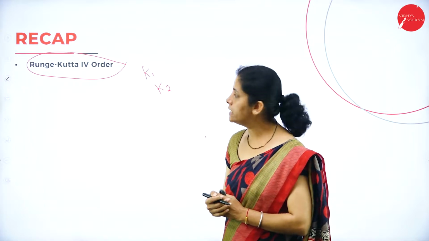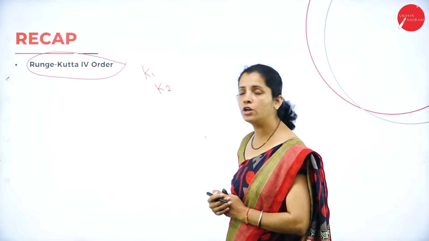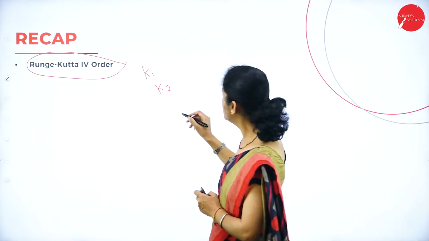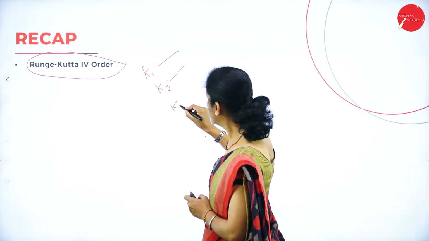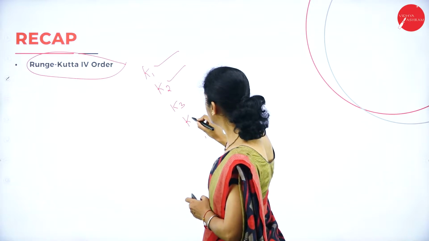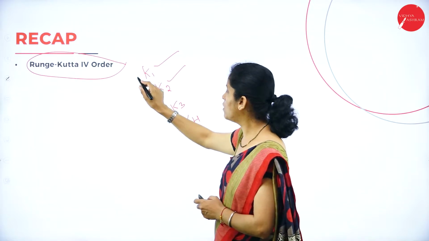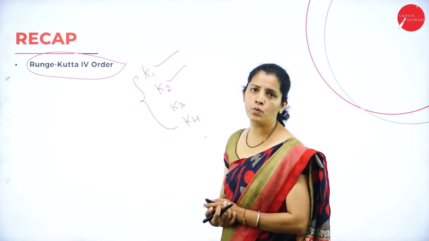Suppose if I am getting a question like Runge-Kutta fourth order, then I want to find out K1, K2, K3 and K4 because it is order 4.